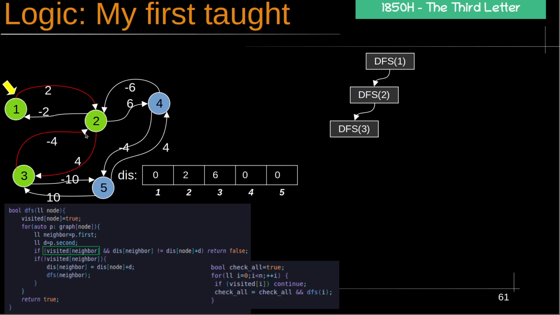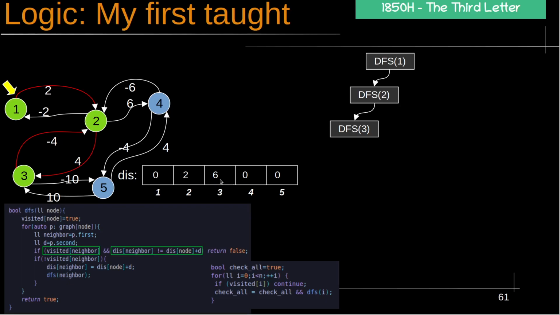So node 2 is visited, so we'll check the distance here. The distance of 2 is 2. The neighbor is 2 here, the neighbor of 3, because we are in the DFS of 3. So the distance of 2, which is 2, we check is it different or not from the distance of node 3 plus the edge minus 4.